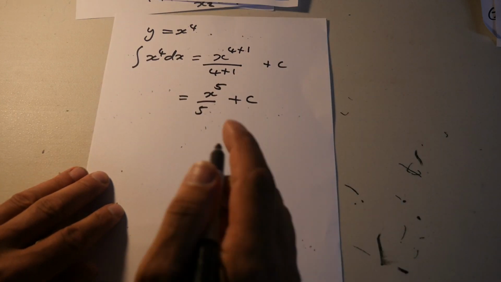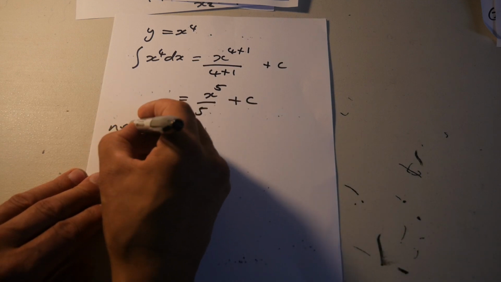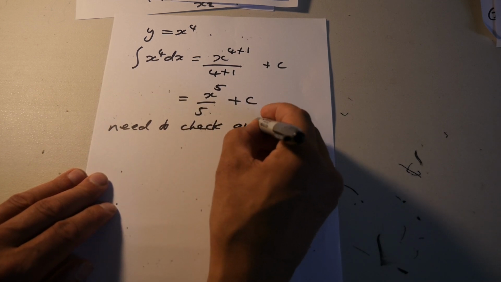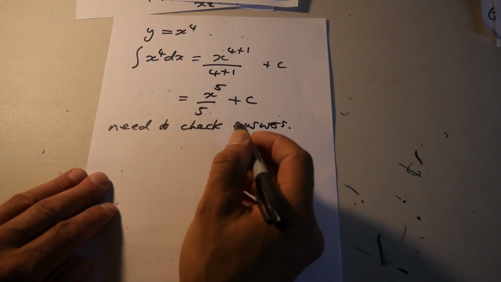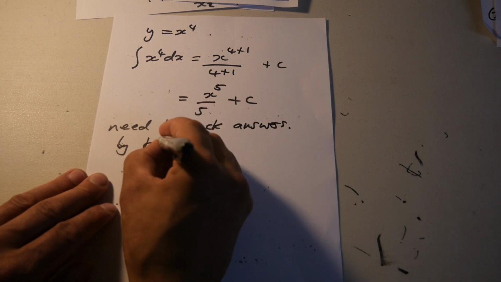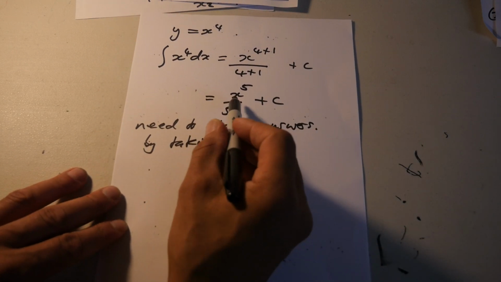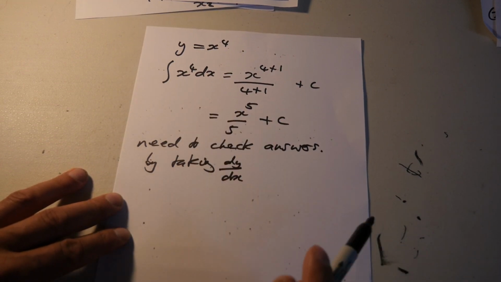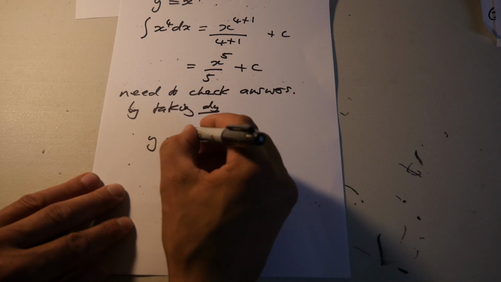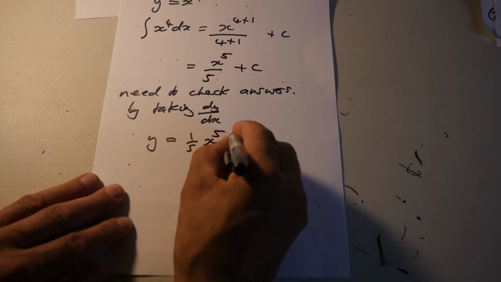Now, integration is harder because you have to check back. You need to check the answers. So you do that by differentiating back. If this is correct, you should end up back with the original x to the fourth. So y equals 1/5 x to the 5th plus c.